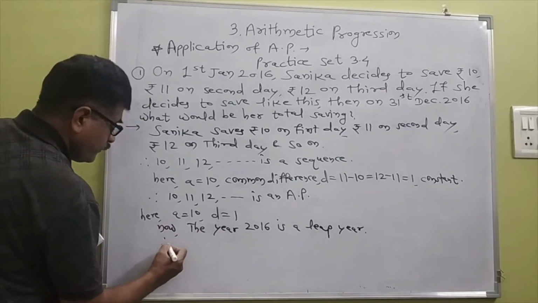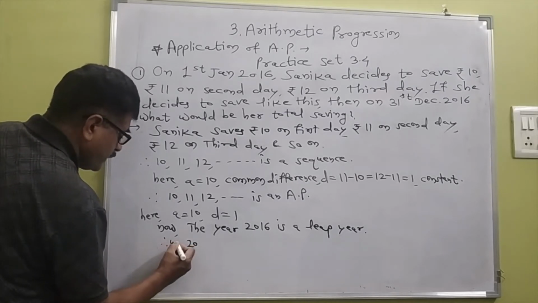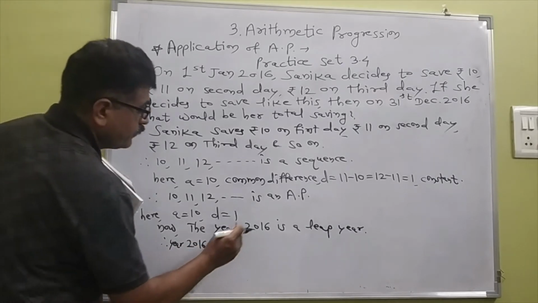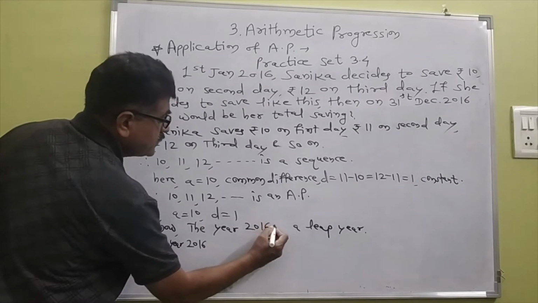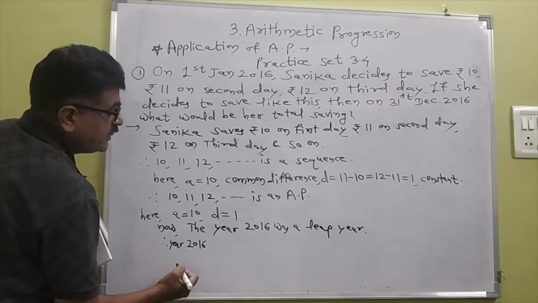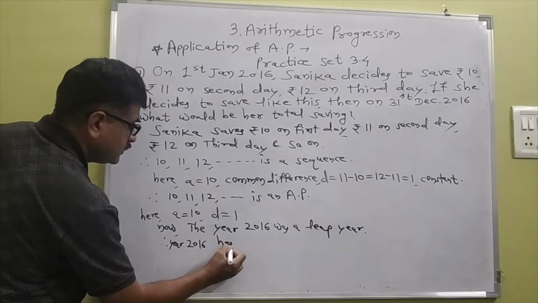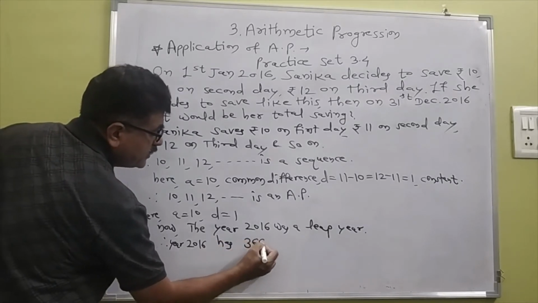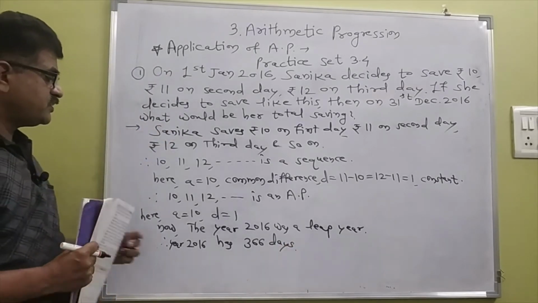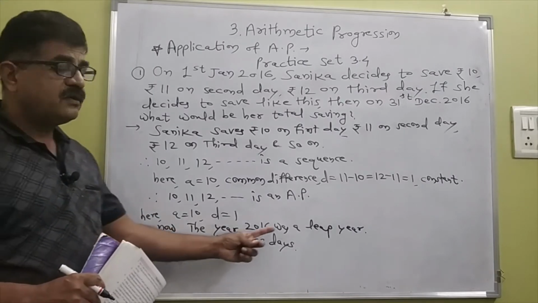Therefore the year 2016 was a leap year and has 366 days.